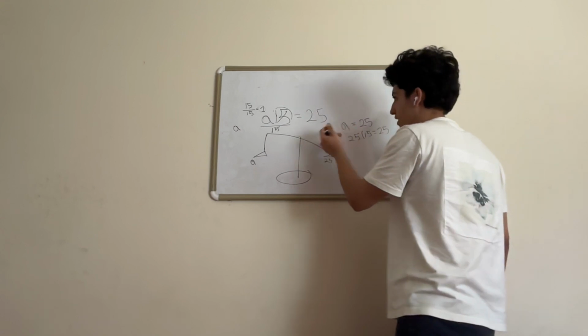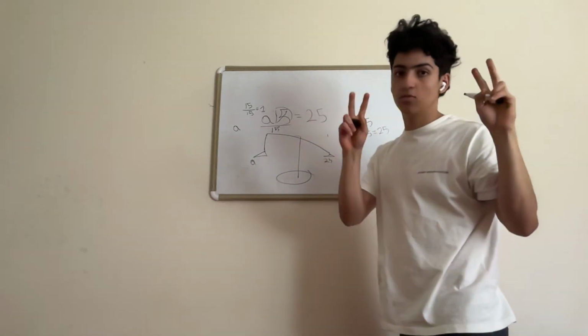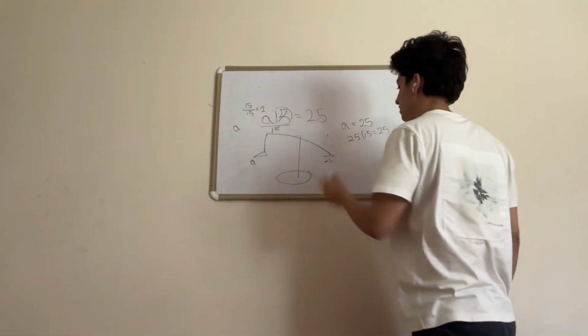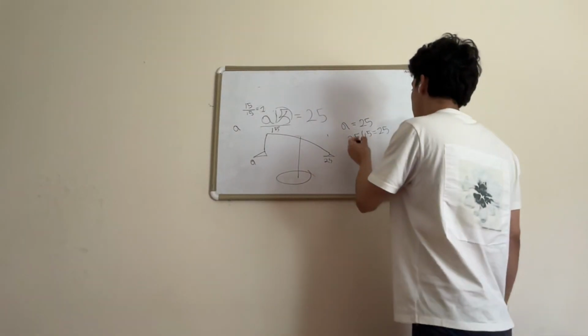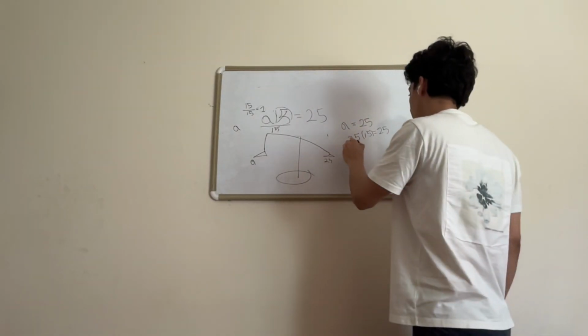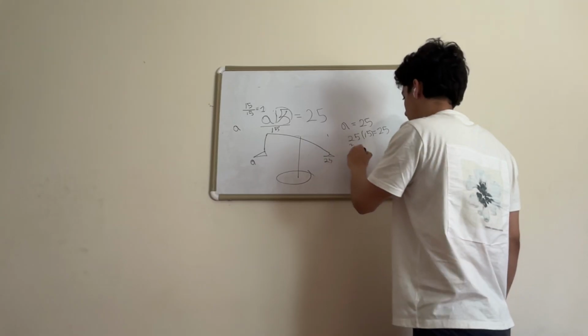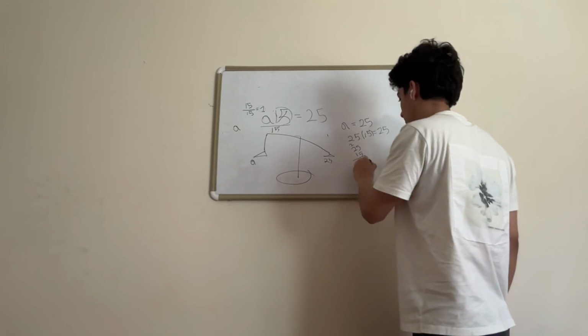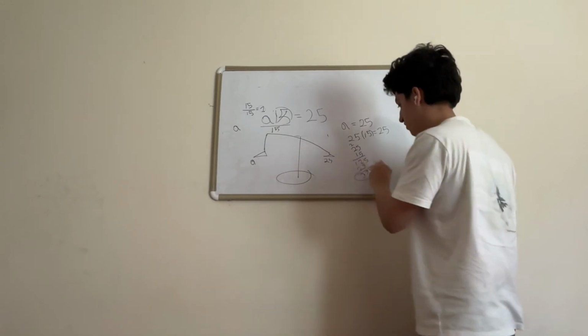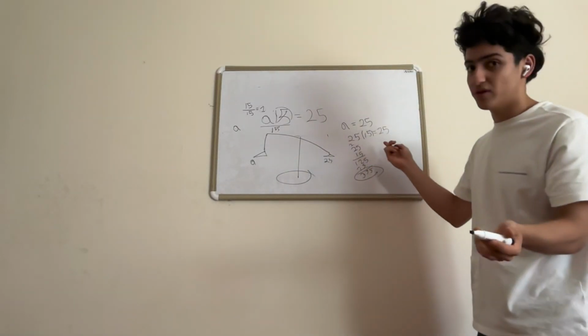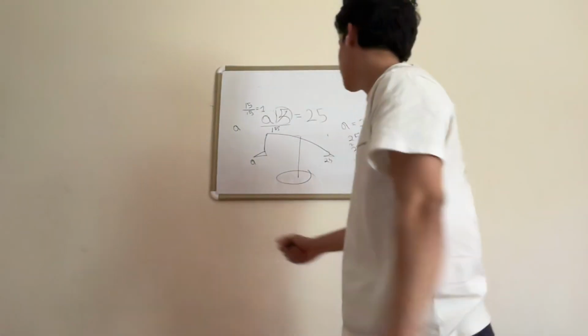So you basically put the value of A into the equation, and 25 times 15 is clearly like 375. It's clearly not 25.